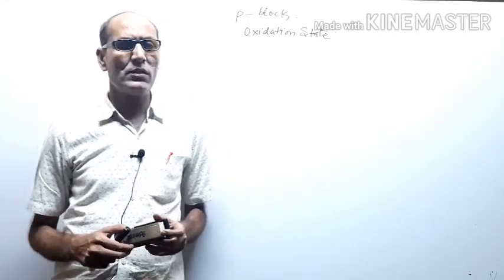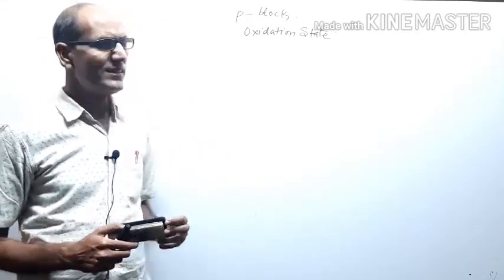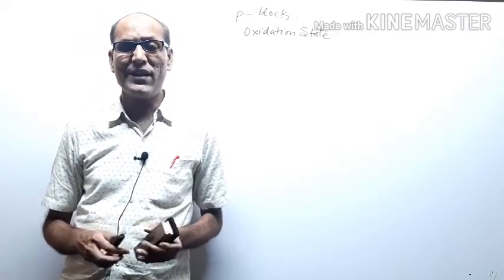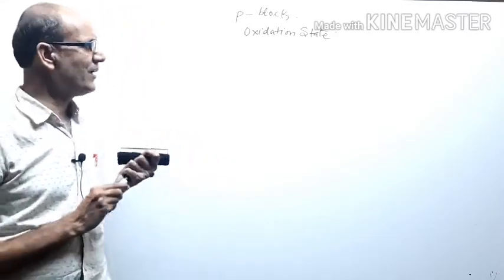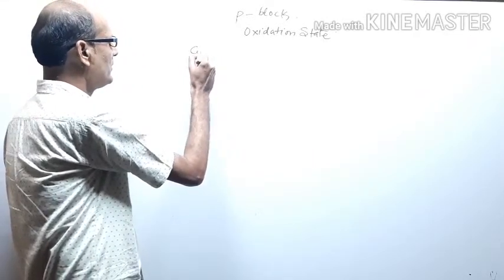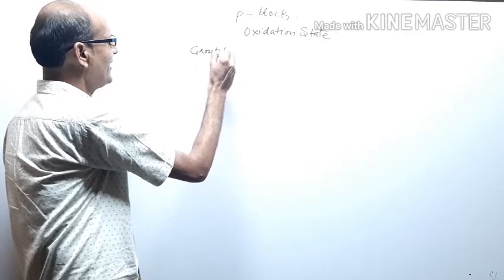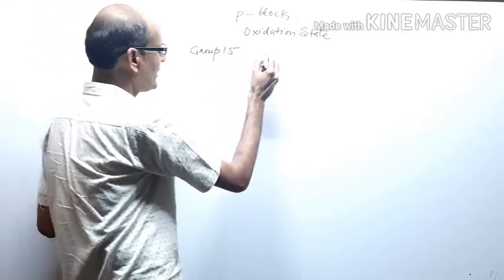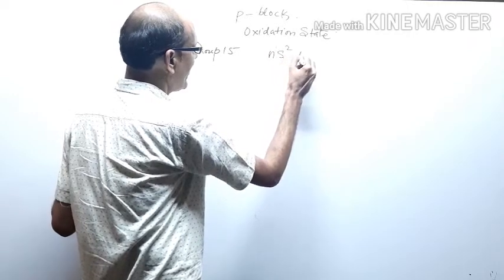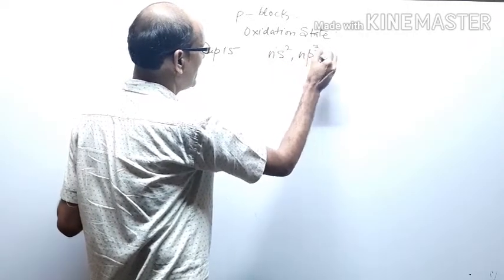So one more important property is oxidation state. As you know, group 15 elements have the general electronic configuration ns2 np3.